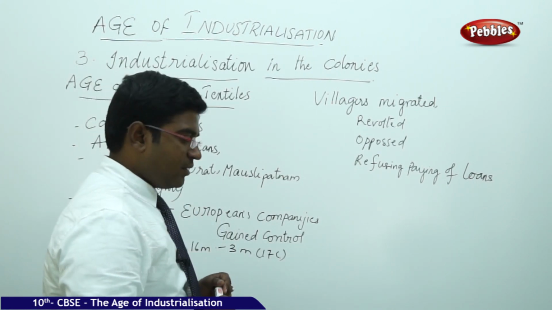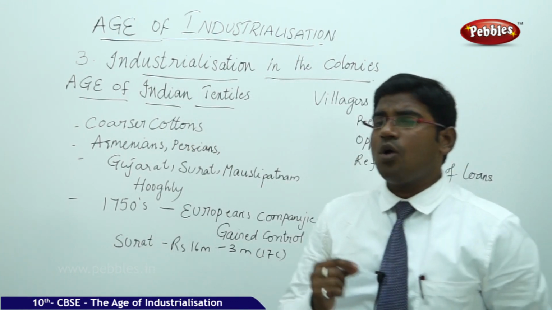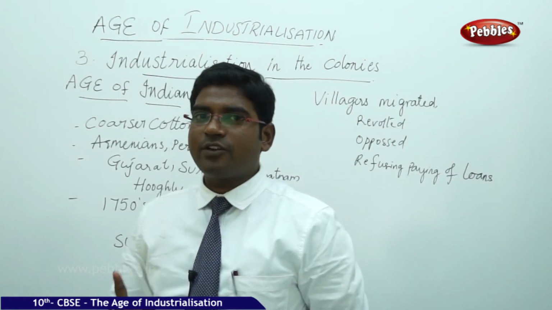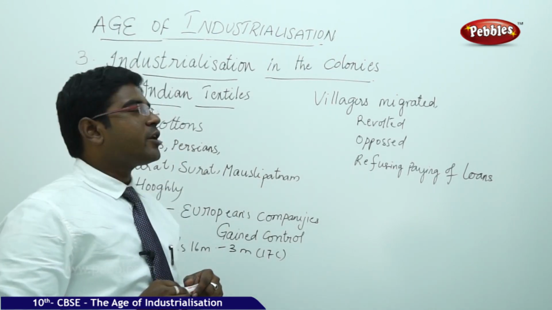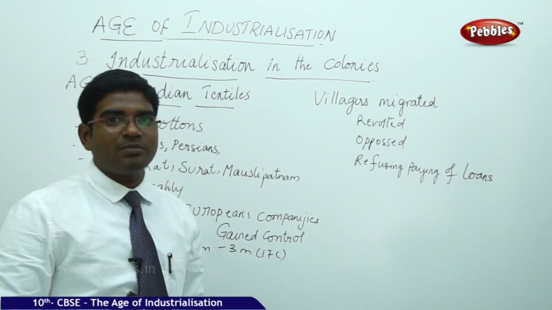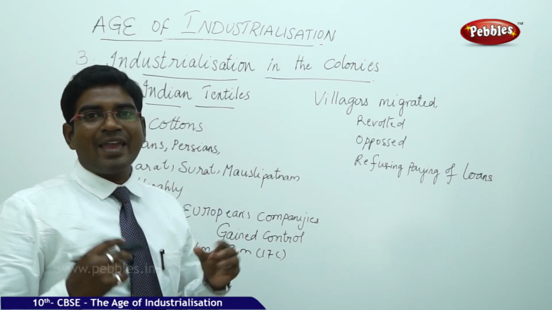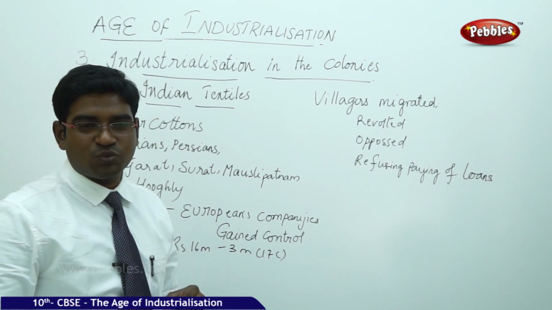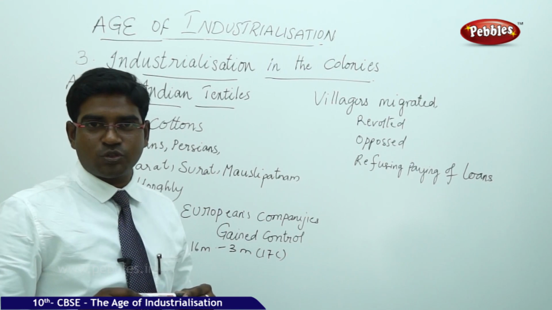So here we need to understand the logic: why did the villagers start to oppose the actions of the Britishers? What made the villagers migrate from their own hometowns to other places? Why are the villagers getting angry against the company officials? Why are they revolting against them? Why are they refusing to pay the loans to them?